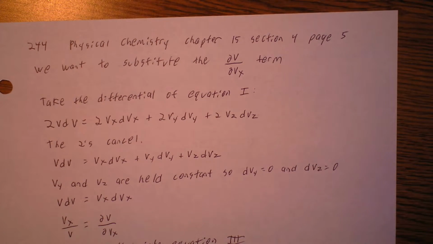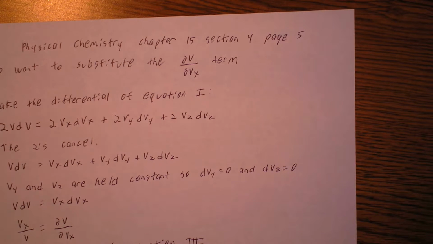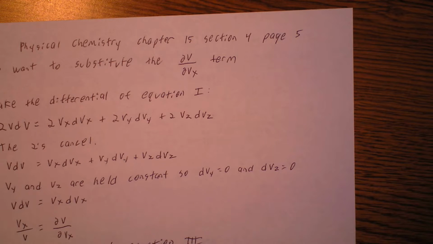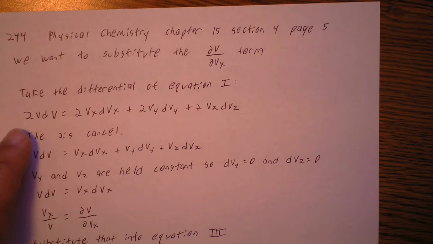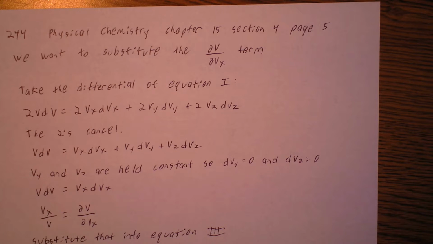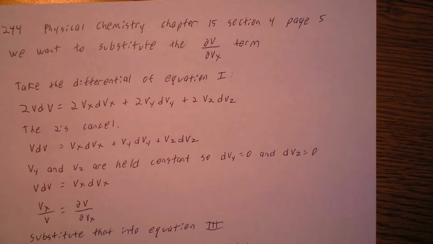Now we want to substitute this term, this partial derivative of v with respect to the x component of v. So we're going to take the differential of equation 1. So we get 2 times the velocity dv, and that's equal to 2 times the x component of velocity dvx plus 2 times the y component of velocity times the differential of vy plus 2 times the z component of velocity times the differential of vz.